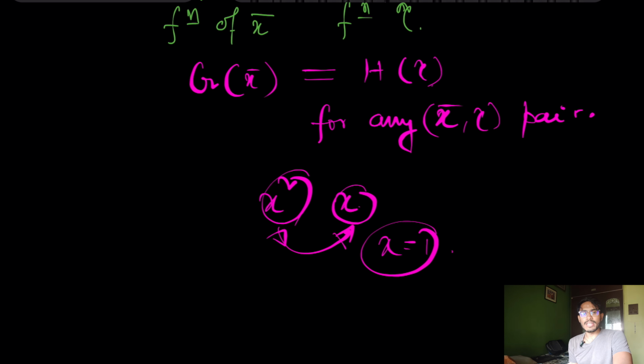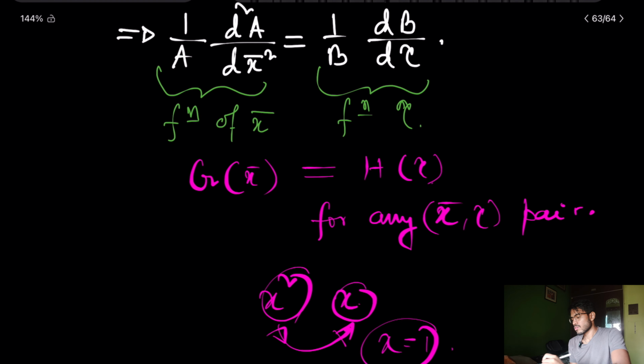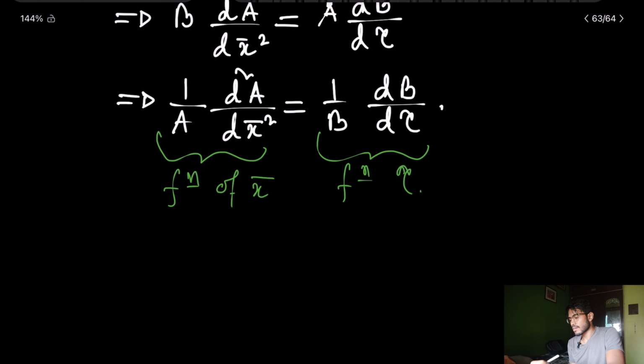That will be the only case where f of x equal to g of y for any pair of xy. Okay, so now following the same logic, that means this is equal to a constant and that I write as mu s.